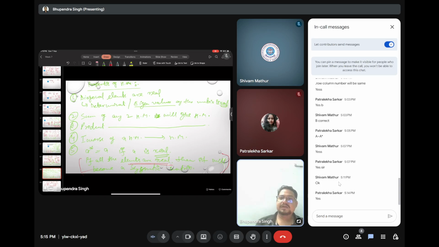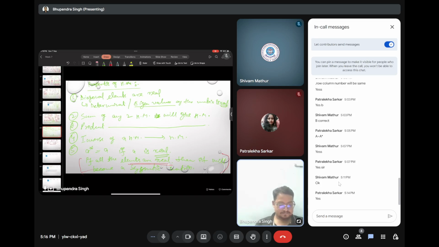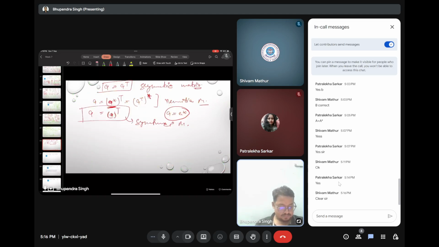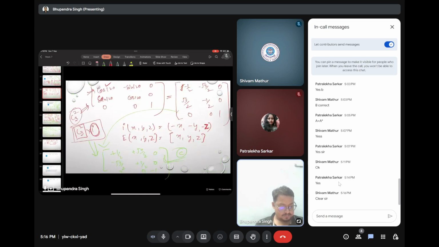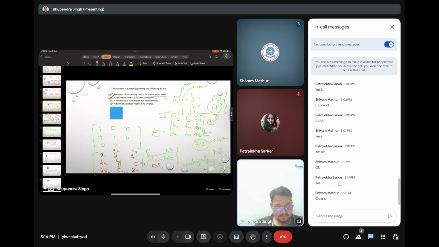Now tell me, is it clear? Too much? Clear. Okay. So what was our option C? A Hermitian matrix always has real elements. Is this statement correct or not?